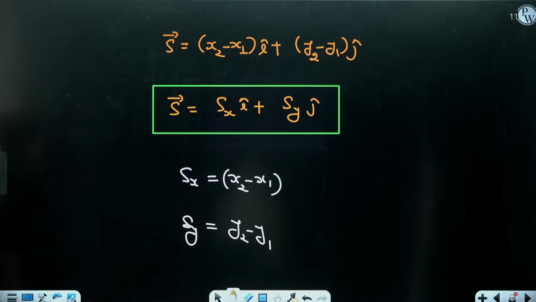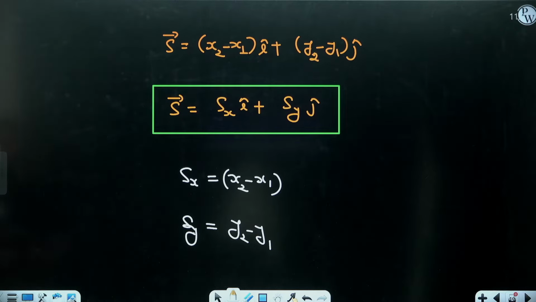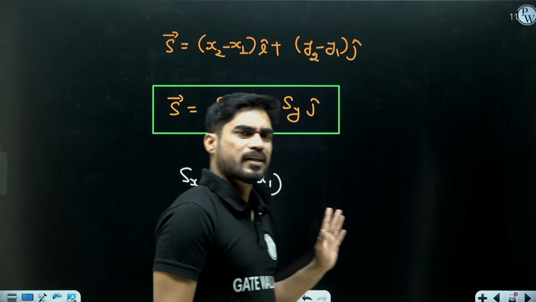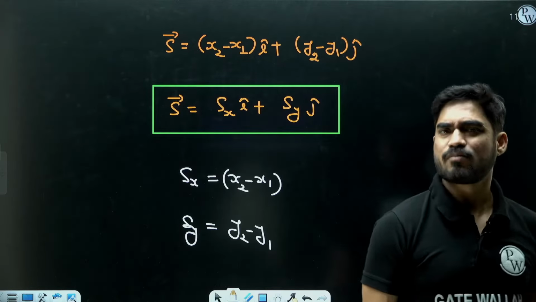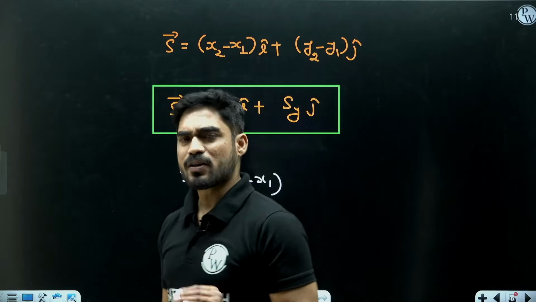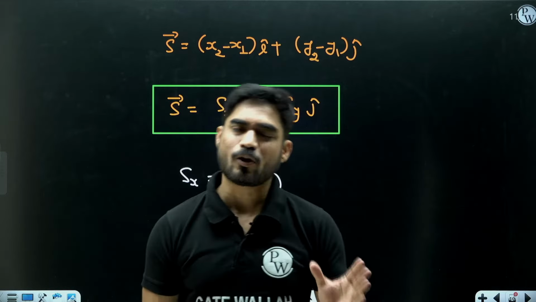Now you can see that this displacement vector has two components, one x component, one y component. So beta, in curvilinear translational motion, you don't have to worry about solving the problem, because here the entire procedure of solving the problems is the same.